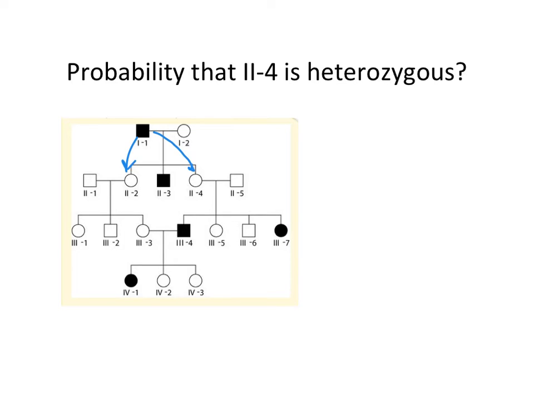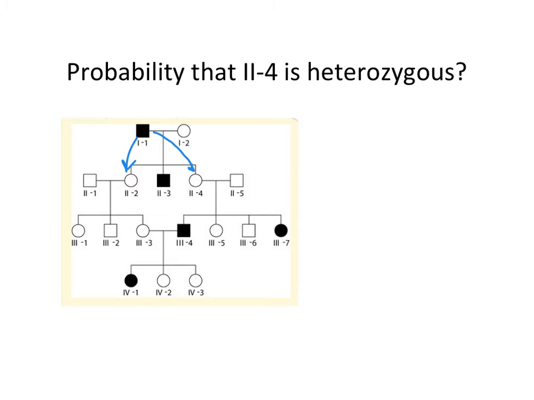So 2-4. We already kind of answered this question. That's why it's a trick question. Hard? No? What's the probability that this individual has to be heterozygous to make sense with the data? Yes, so what's the probability that that individual is heterozygous? 100%.